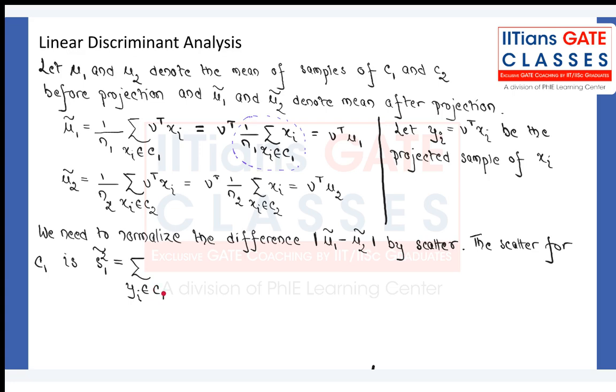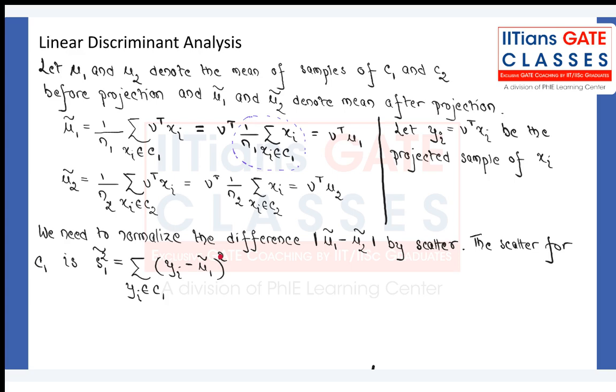So all those projected samples of class C1, what is the difference of yi with the new mean mu1 tilde, squared? This is nothing but sort of variance, because if it was variance, I would have divided it, right?